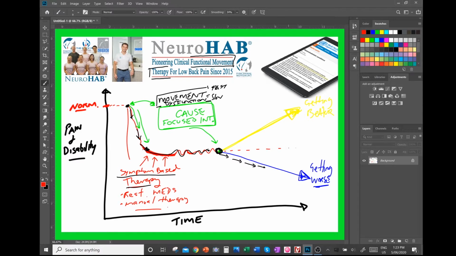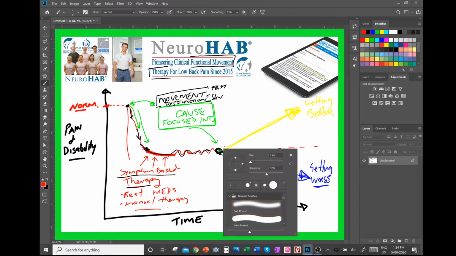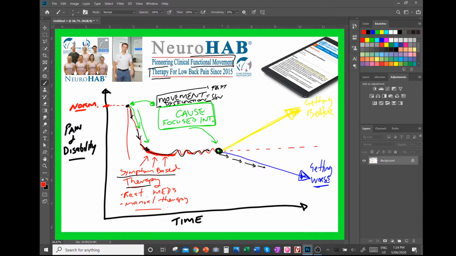It's really important to conceptualize this: you are going to have peaks and troughs during your rehabilitation. This is the key of this talk. You're going to have peaks and troughs.